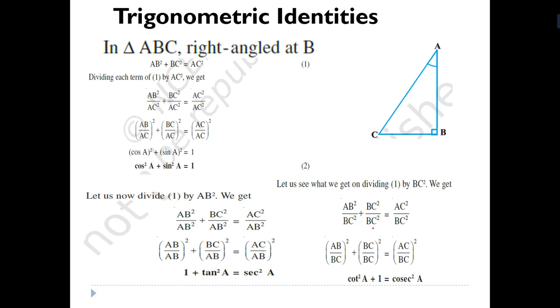If I divide it by BC square, we get AB upon BC whole square plus BC upon BC whole square is equal to AC upon BC whole square.